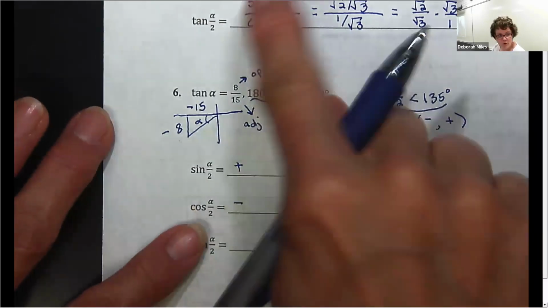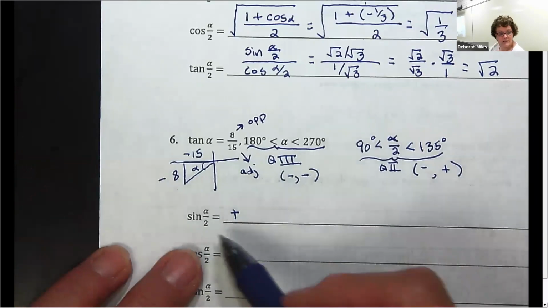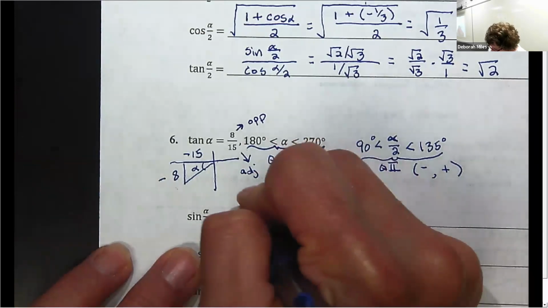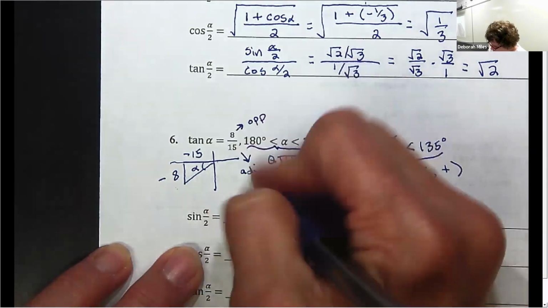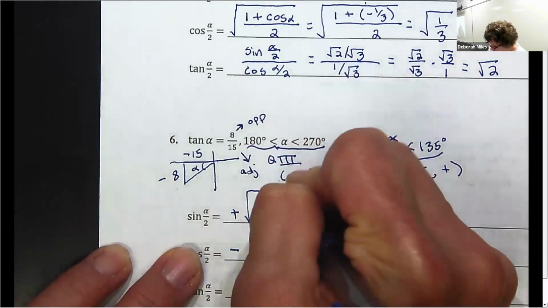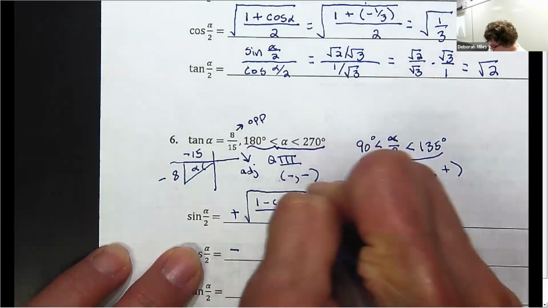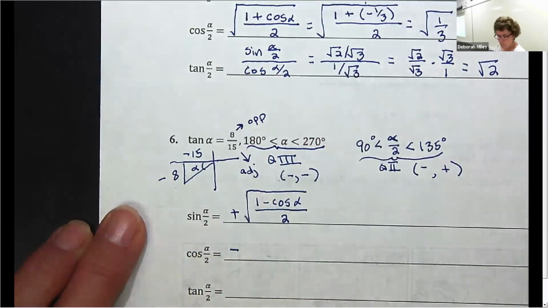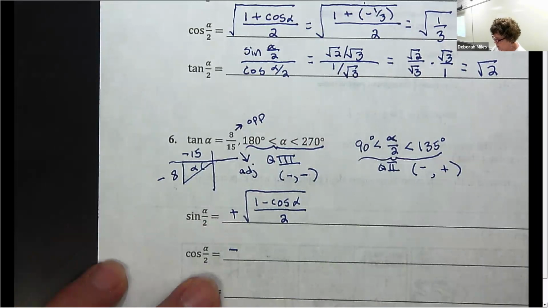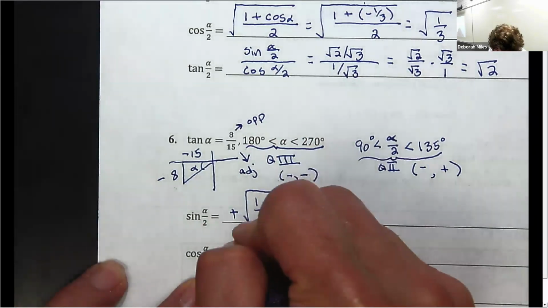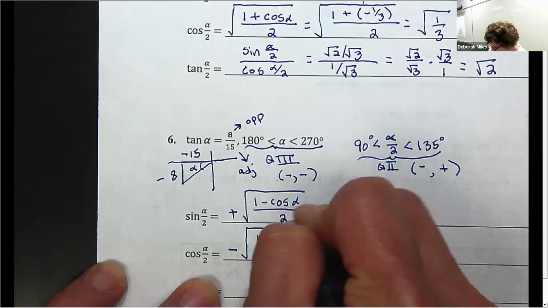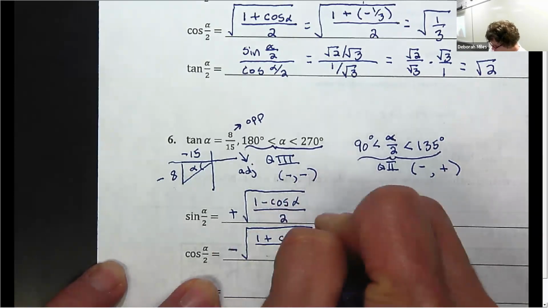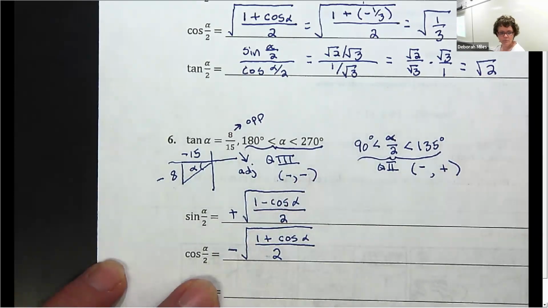All right, same formula as before. The sine of alpha over 2 is, we've already decided to use the positive square root of 1 minus cosine alpha over 2. And for cosine alpha over 2, we need 1 plus cosine alpha divided by 2.